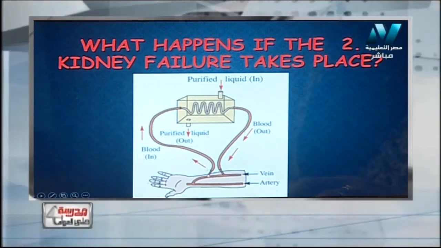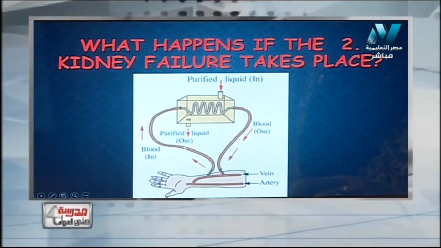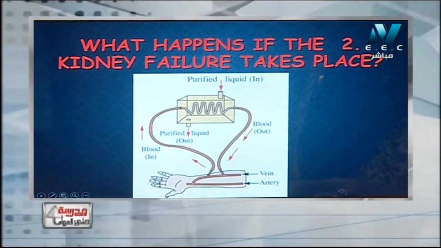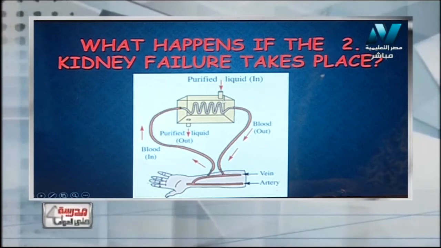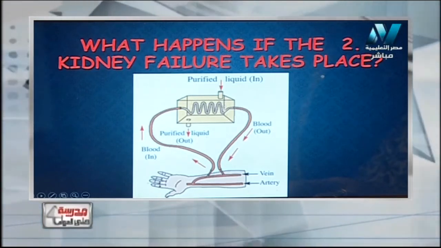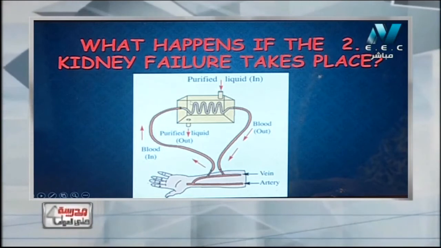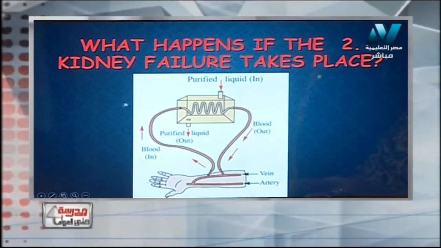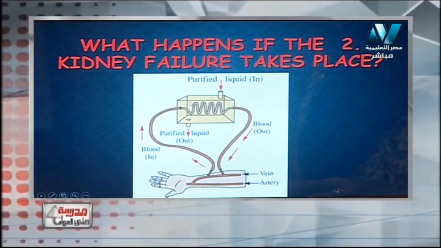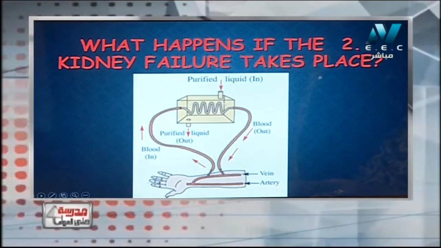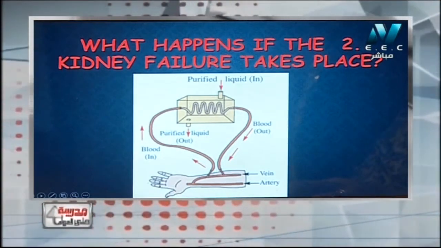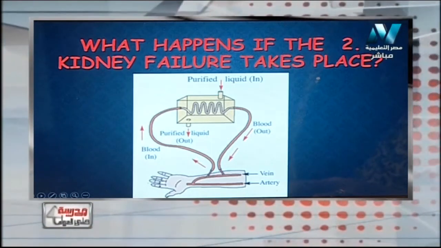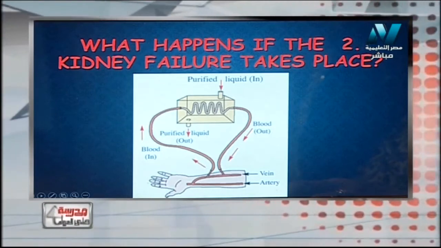Now, as you see, the blood comes out from the person through a tube which enters the device, and the device contains a bowl containing a liquid that has components like the plasma, the same percentage of water and salts and many other substances. So it resembles the plasma.